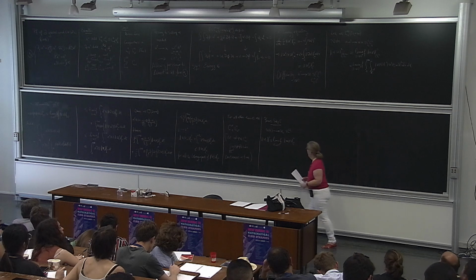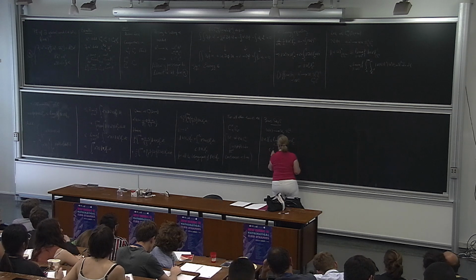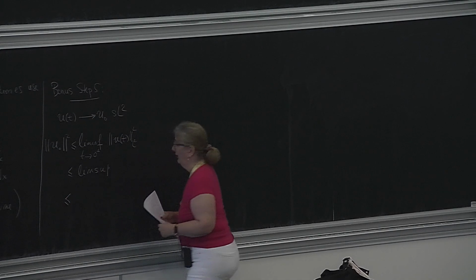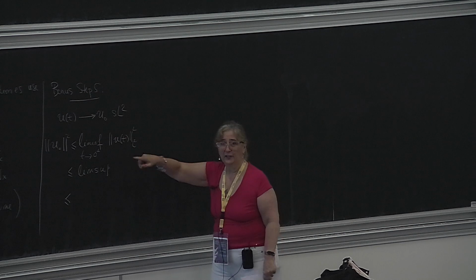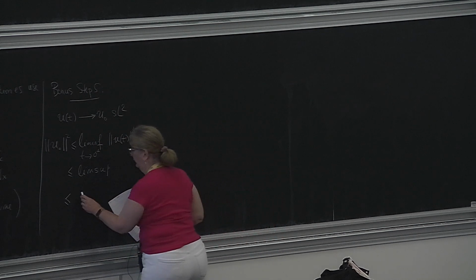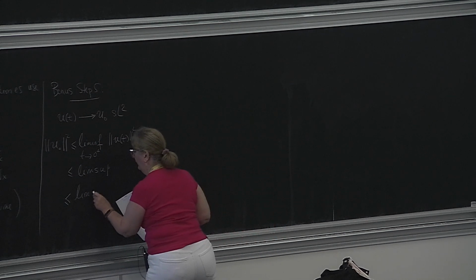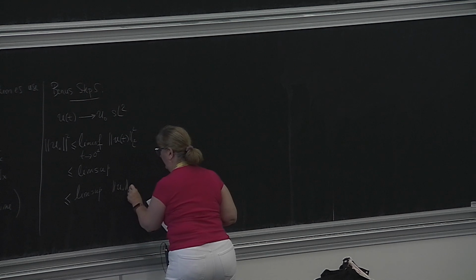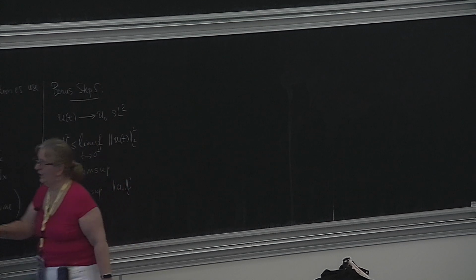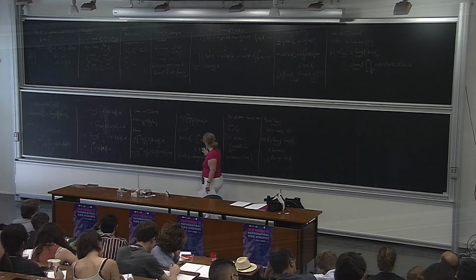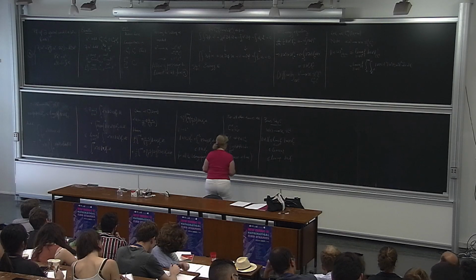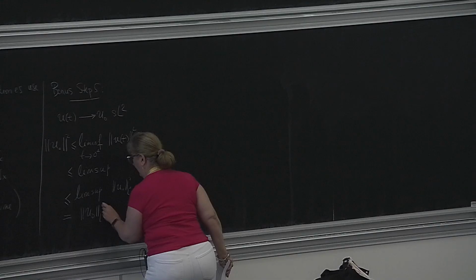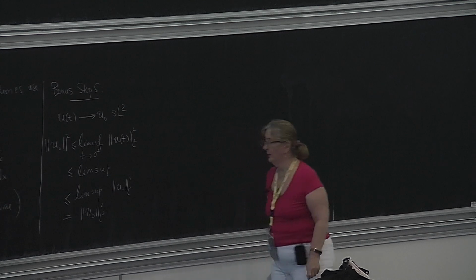Okay? And this, of course, is less than or equal to the lim sup of the same thing, which is by the energy inequality less than or equal to the lim sup of U naught, because the energy inequality now will tell me that this is always less than or equal to this, which is again, of course, L2 squared.